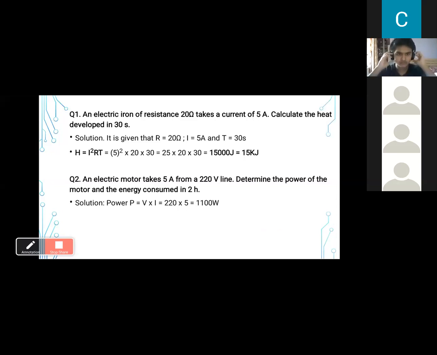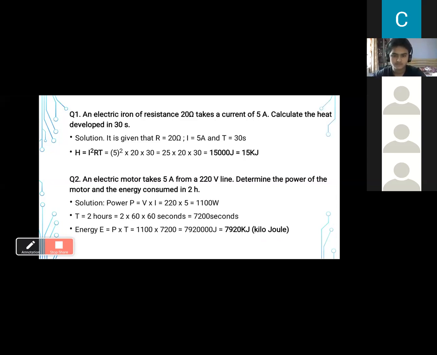Power comes out to be 1100 watts, and this power can be multiplied with time to get the energy. Is it clear? So 2 hours I have converted into seconds. Then I have multiplied with the power and I am getting 7,920 kilojoules as the energy or the heat dissipated.